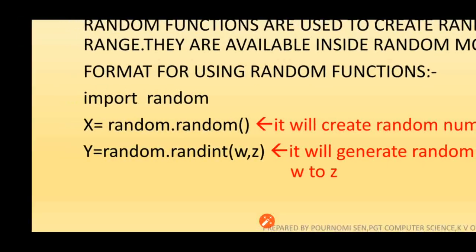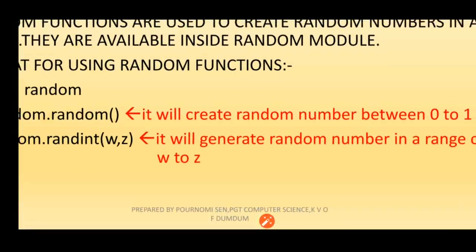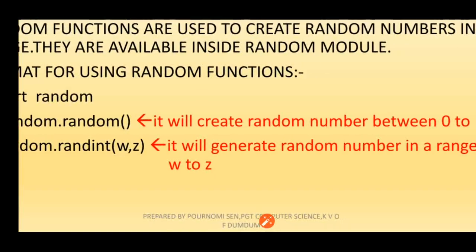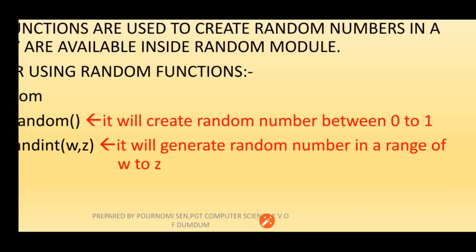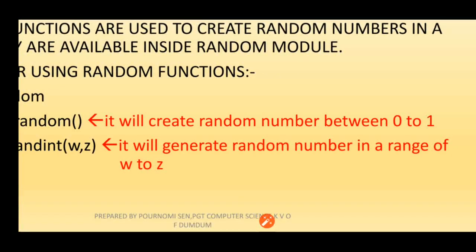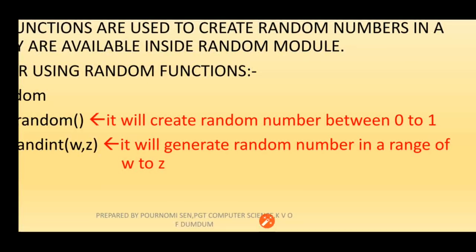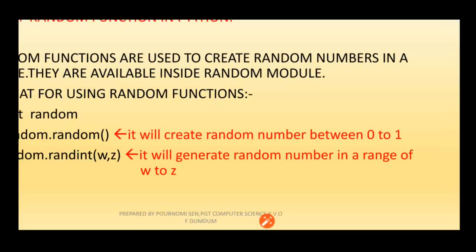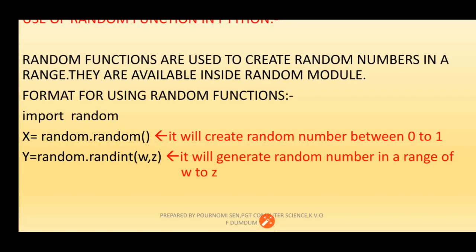So what will this random function of the random module do? As it is written, it will create a random number between 0 to 1. In this case 0 and 1 are not included in the range.